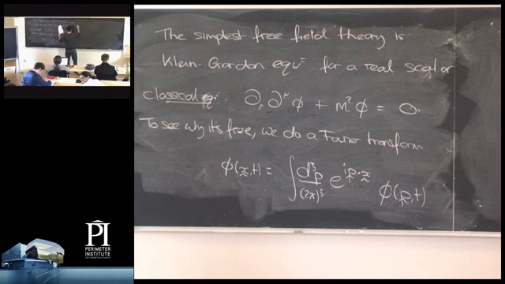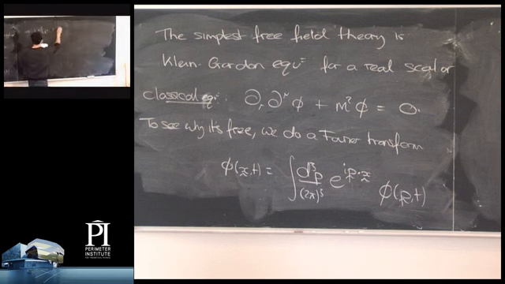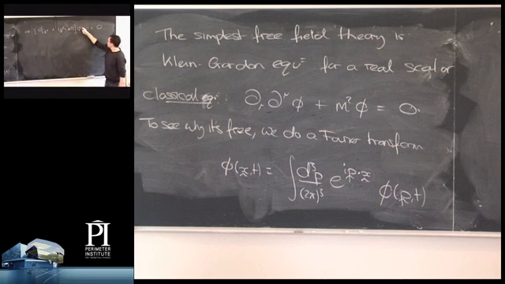Okay, so we take this, we plug it into the Klein-Gordon equation. And what we get is an equation for phi of p that doesn't depend on any of the other phi of p's. So each of these phi of p's just evolves completely independently and has to obey this equation here.